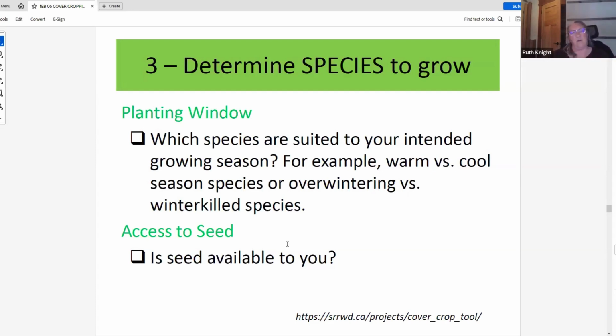Or cool season species, which tend to be in our spring and our fall period, and may or may not go quite dormant during the hotter period. And then, are you wanting it to overwinter or be winter killed? And is the seed available to you? So these are all various considerations in terms of making a selection of your cover crop.